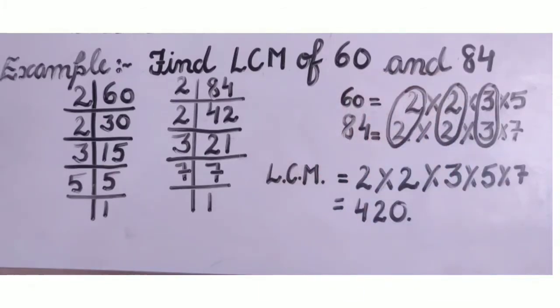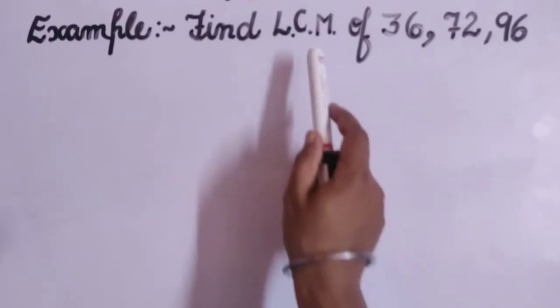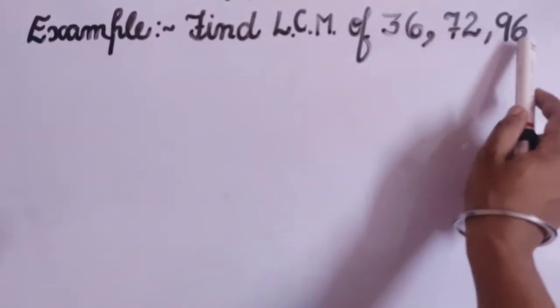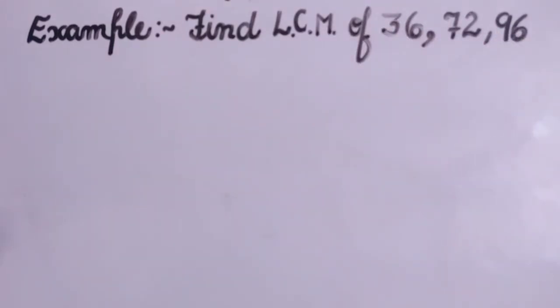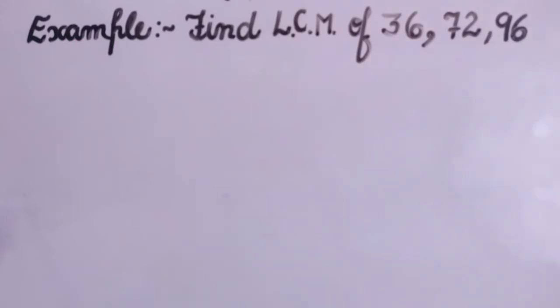Clear, students? Now let us understand one more example in which we have to find out the LCM when three numbers are given to us. So students, in this also we have to follow the steps. First step is we have to find out the product of the prime factors of the given numbers.